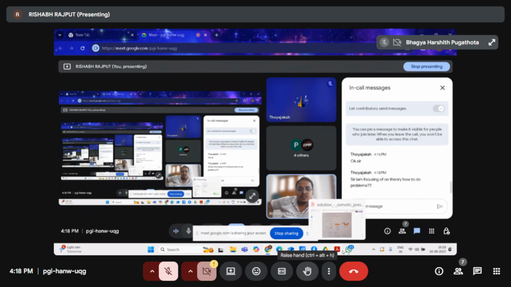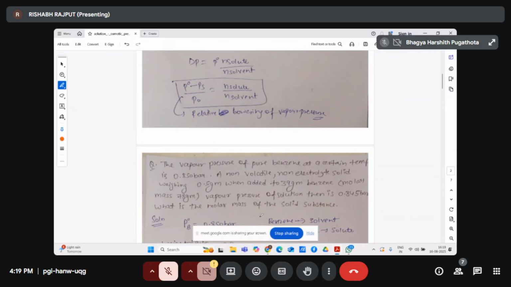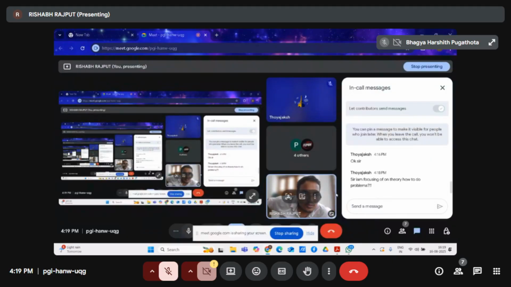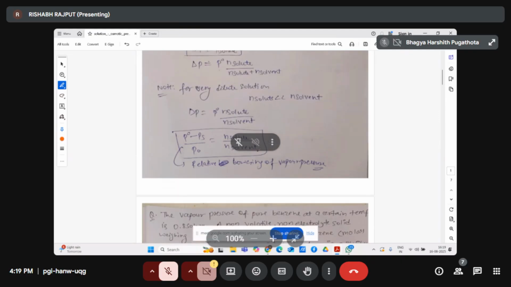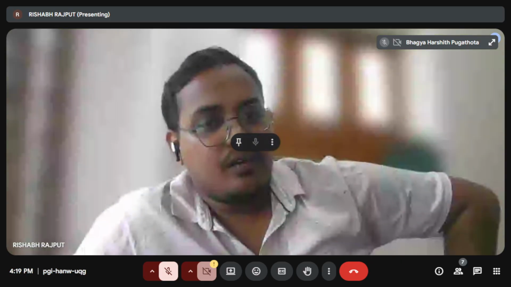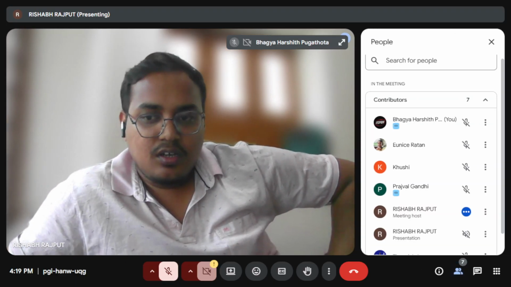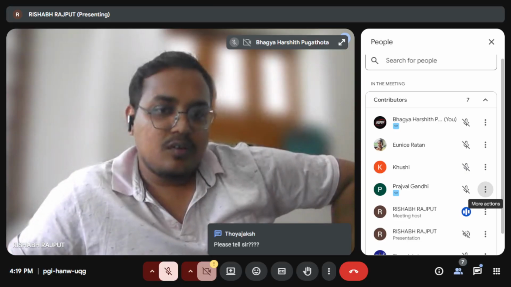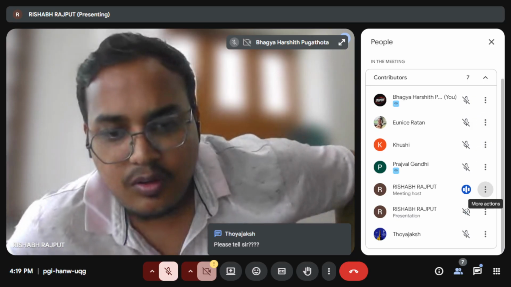Okay, please listen. In the last class, I told you this formula. That is why I am teaching a question here. If you try to solve the question, you get an idea how you can apply this formula on the question.